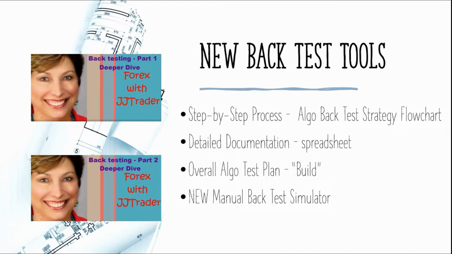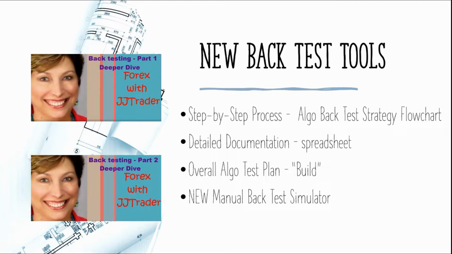And finally, you have to have your overall algo test plan. What I mean by that is you have all this data, you're evaluating it and making decisions, and you've got to have a final plan that you continue to build upon. For instance, you start with a C1 and narrow it down based on your results, and then you put it in your plan.